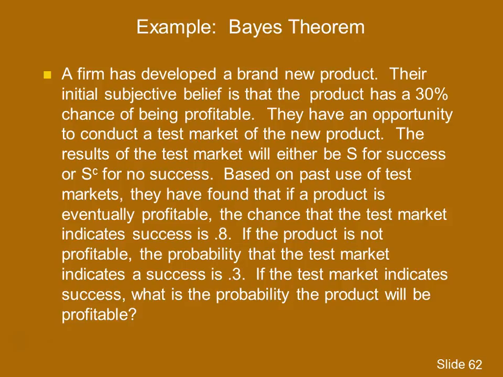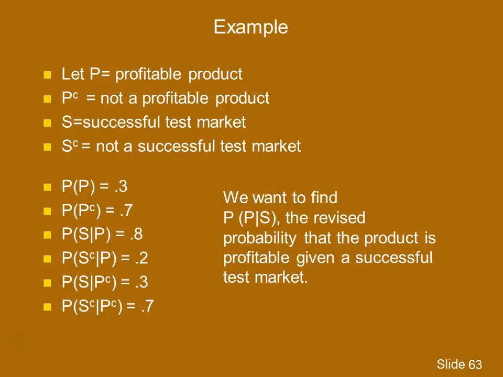Again, identify the variables in the problem. This product is either going to be profitable or it isn't. And the test market is either going to indicate success or no success. So once again, we have a 2 by 2. Let's set up some notation. I'm going to let P be a profitable product and P complement not profitable.